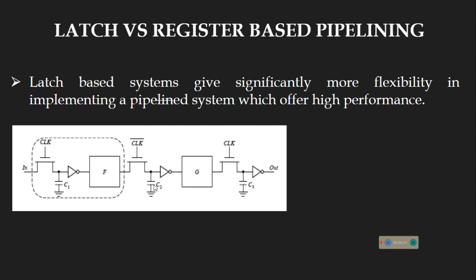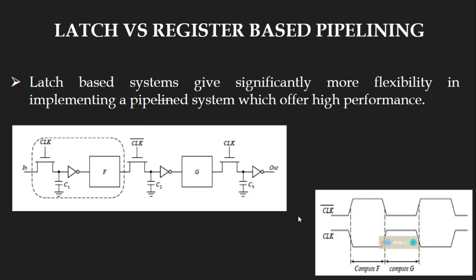Now C2 is responsible for giving the input for the computation of G. And when clock is 0 and clock bar is 1, it leads to some overlapping of the signal.